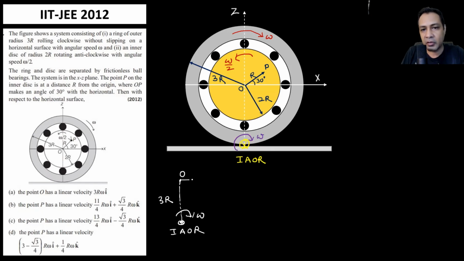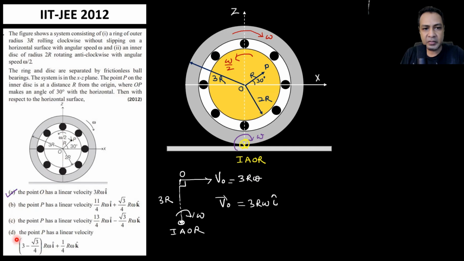So the velocity of point O will be perpendicular to the line joining O and IAOR, along the positive x direction, and the magnitude will be radius times angular velocity, that is 3r omega. In vector form, the velocity of point O is 3r omega i cap, and this is option A. So option A is correct.